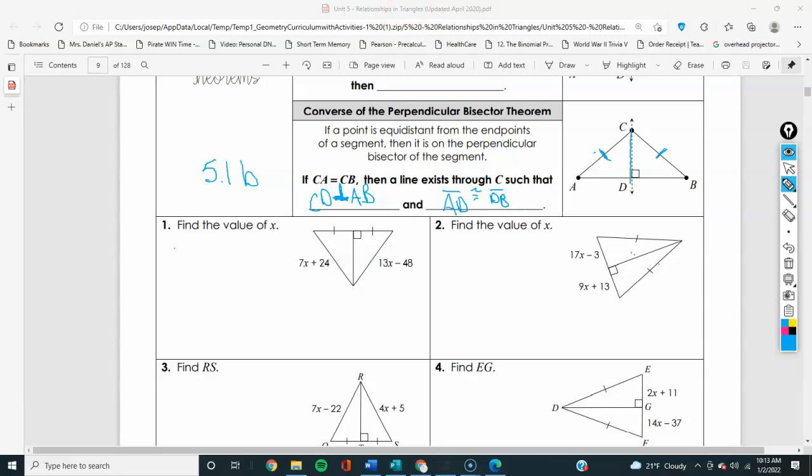So let's see what this all actually means. So let's take a look at number one. On number one, this line is perpendicular to my base. My base is cut into two equal parts. If each of these parts are equal, then each of these parts are equal or congruent. So what do I do with these two equations? Well, I set them equal to each other.